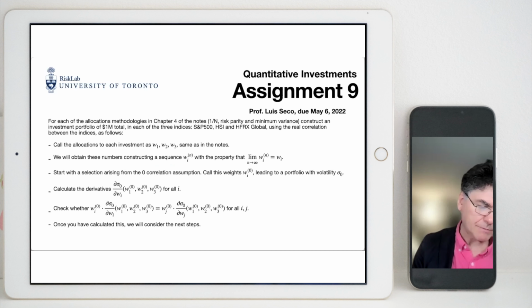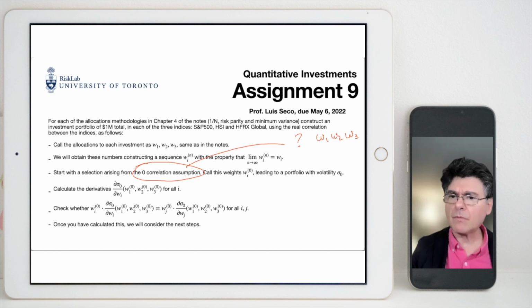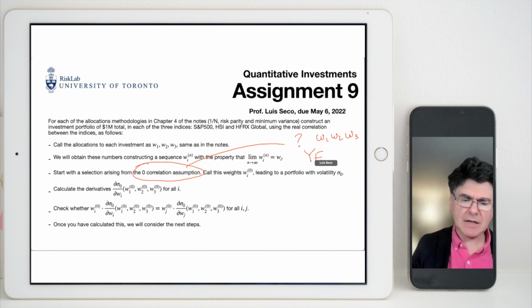So you have these numbers. Yes? This came from a previous assignment. I have no answers on the chat, so I'm assuming, yes, you have these numbers.